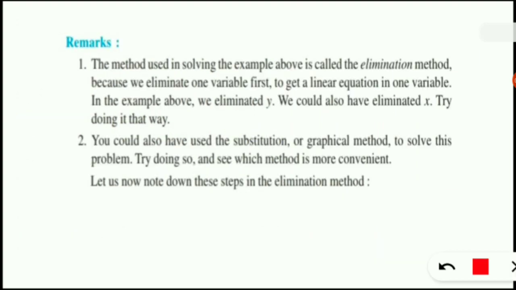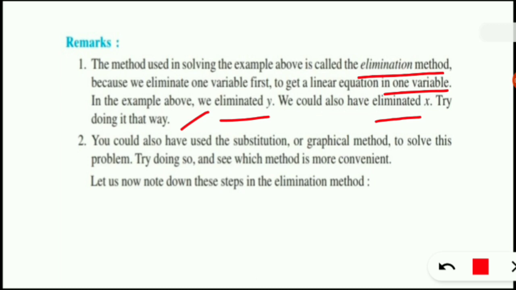Now remarks. 1. The method used in solving the example above is called the elimination method because we eliminate one variable first to get a linear equation in one variable. In the example above, we eliminated y. We could also have eliminated x. Try doing it that way. Okay. Now 2.